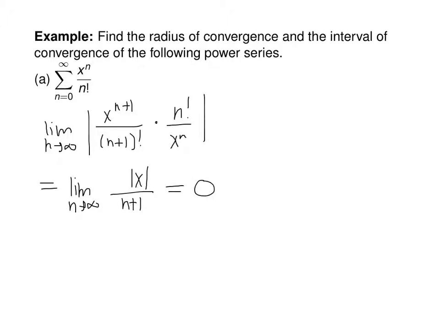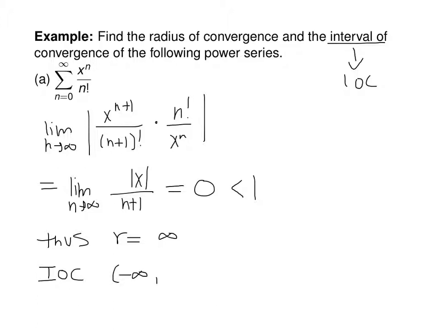Since this limit is always 0, which is less than 1, this series converges for all x. Thus, the radius of convergence is infinite, and the interval of convergence, which I'm just going to call IOC for short, is negative infinity to infinity, meaning this series converges for all x's.